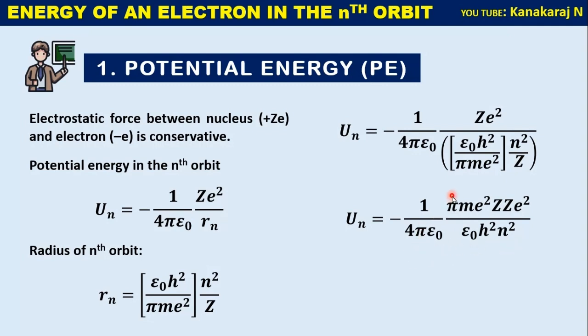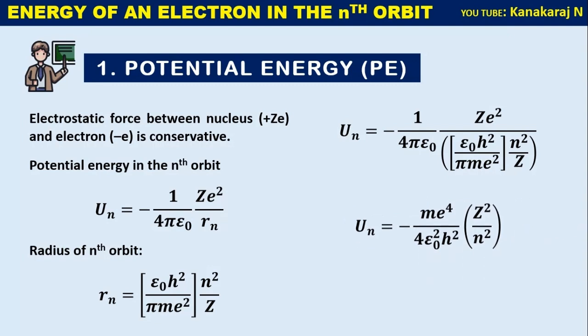Then we have m e power 4 Z square divided by 4 epsilon naught square h square and n square. So the term is epsilon n equals minus m e power 4 divided by 4 times epsilon naught square h square, multiplied by Z square divided by n square.